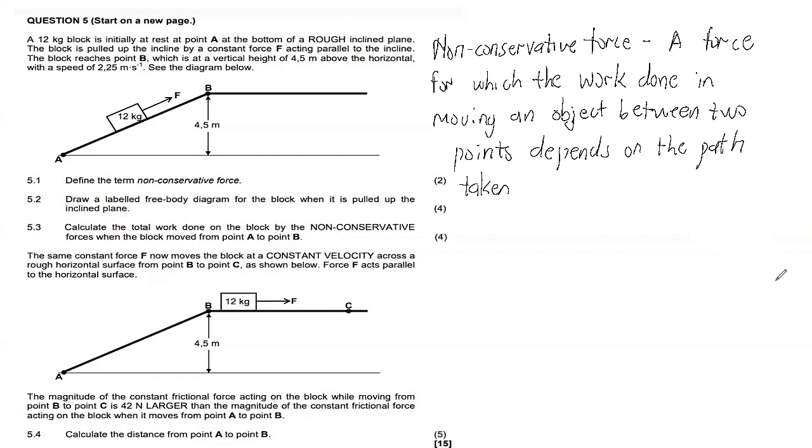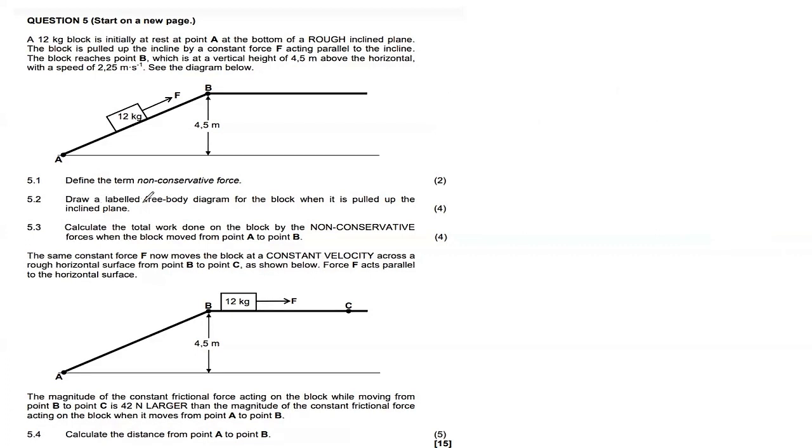Right. Then 5.2 says draw a labelled free body diagram for the block when it is pulled up the incline plane. Note that it is on the incline. So the first thing that we're going to do is faintly draw the incline so that all our forces are correctly placed. Remember that you're going to have to erase that incline afterwards.